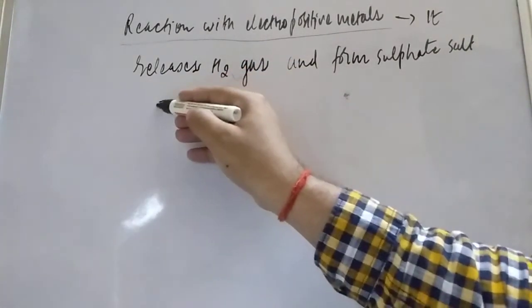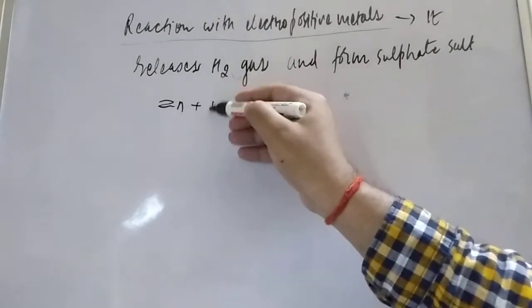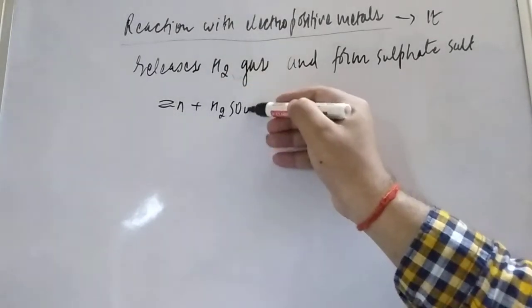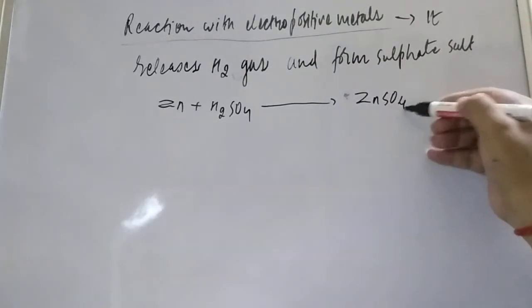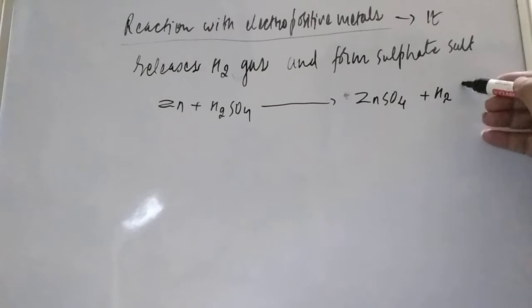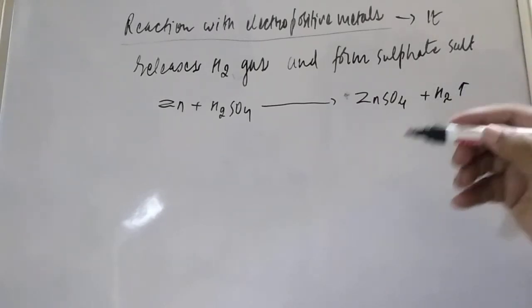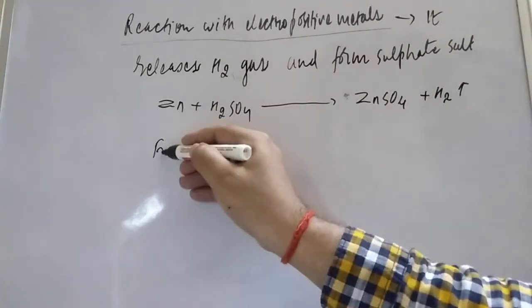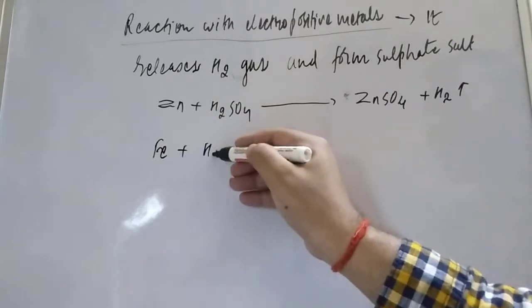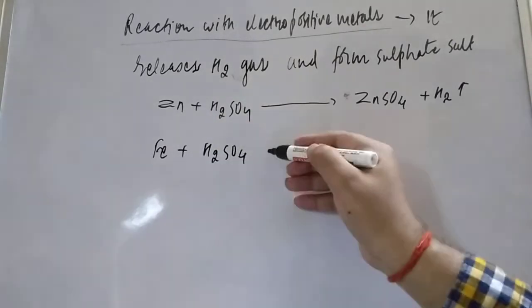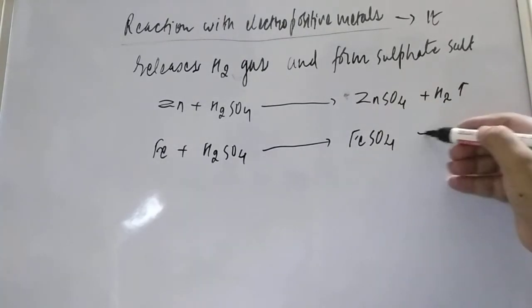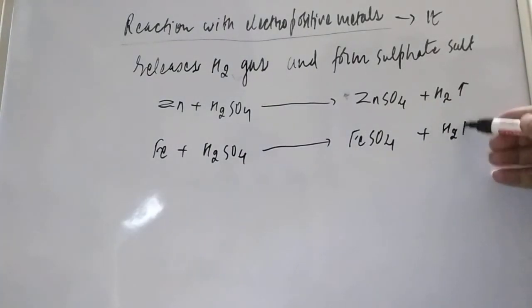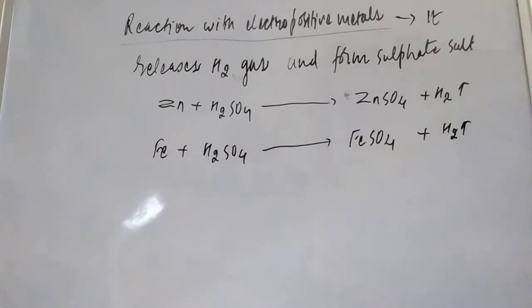First, zinc reacts with H2SO4. This gives ZnSO4 plus it releases dihydrogen. And Fe reacts with H2SO4, giving FeSO4 plus it also releases dihydrogen.